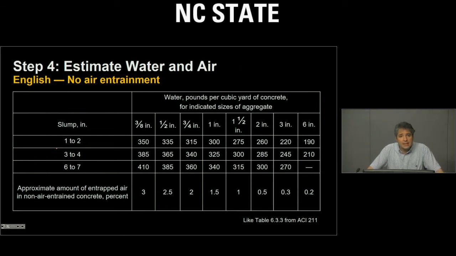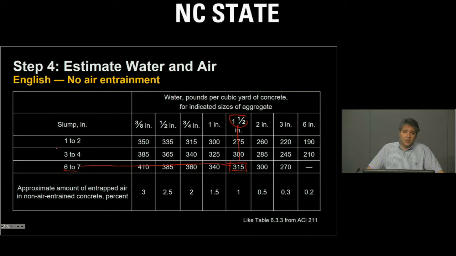Now, the basic trends that we saw in that particular table come from a concrete that has no air entrainment. This is a table from ACI 211, and we can see, for example, for 6 to 7 inches of slump, for an aggregate size of 1.5 inch, if we drop a line from both sides, we get something around 300 to 315 pounds of water per cubic yard of concrete.